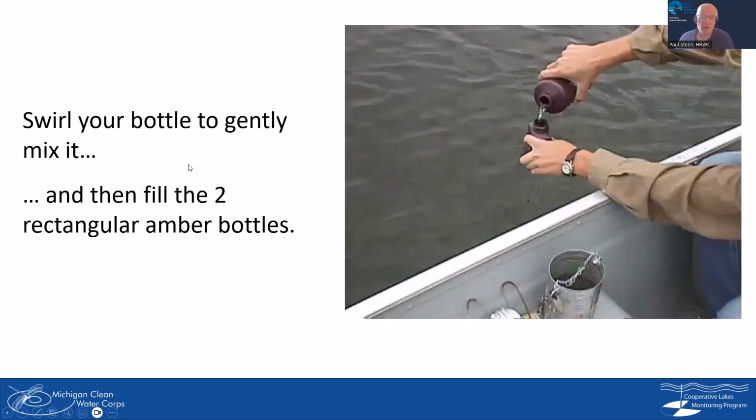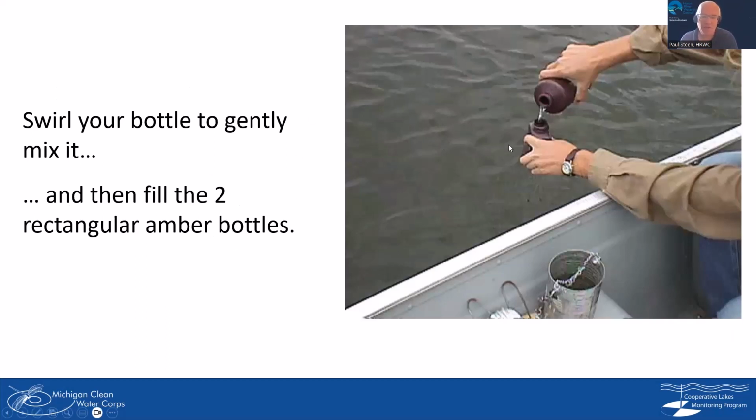So you disassemble again, take your big amber bottle, and give it some gentle swirls or inverts, nothing too harsh or rapid, because you're trying not to break apart all the algae that you just sampled.